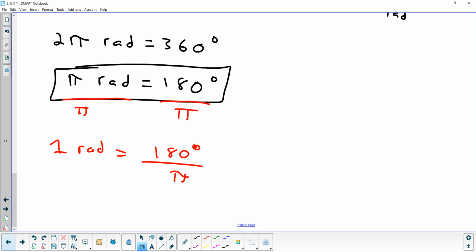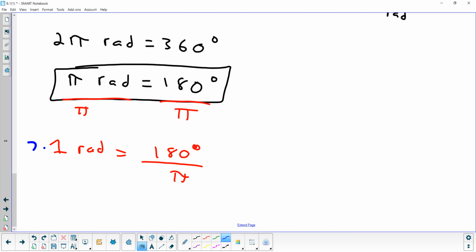What if I now wanted to figure out what 2 radians is? What could I do to both sides of that equation that it would give me a formula for 2 radians? Because I have a true fact right here. So as long as I do something that's the same on both sides, I can get another true fact. Yep. Multiply by 2.